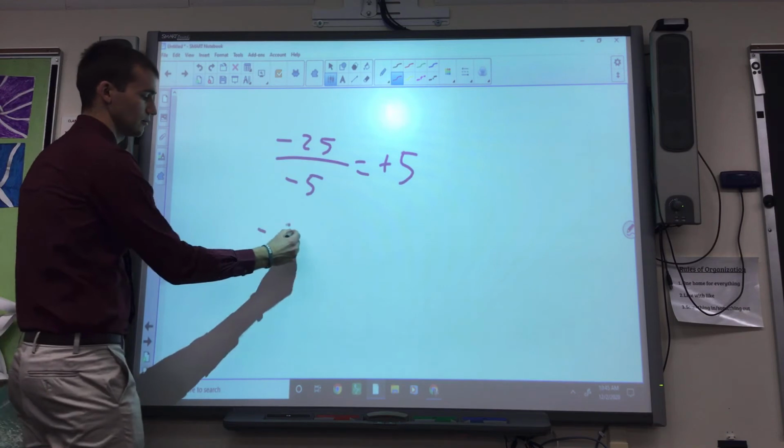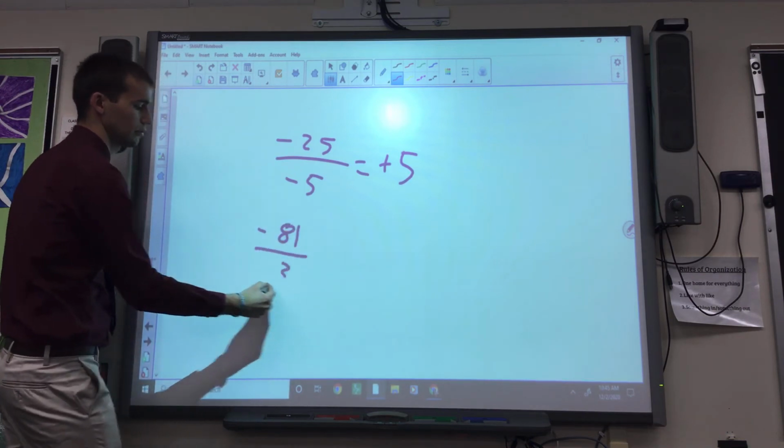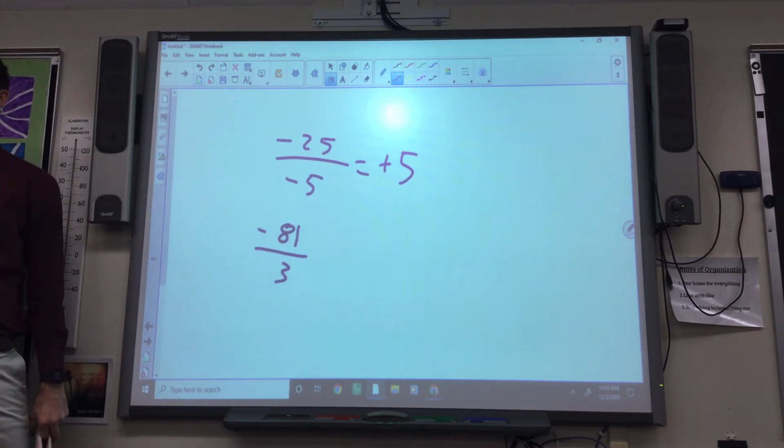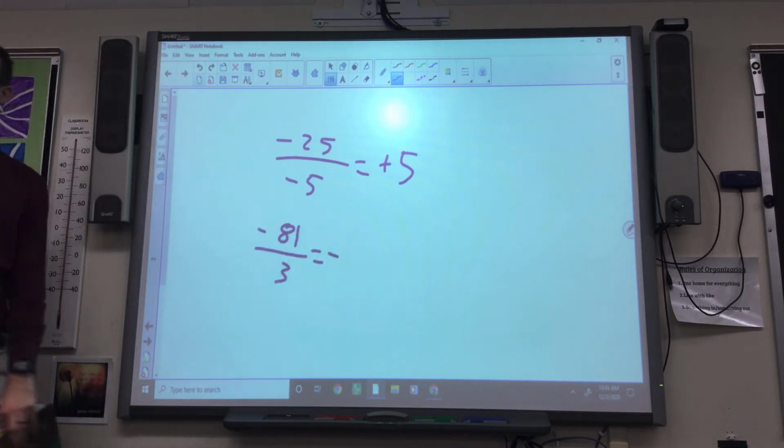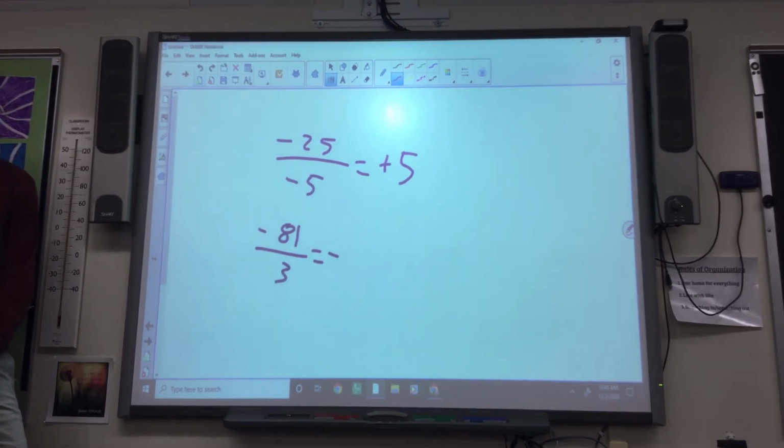Negative 81 over 3. Is your answer going to be positive or negative? Negative. And 81 divided by 3 is? Think 3 times 3 is 9. 9 times 9 is 81.